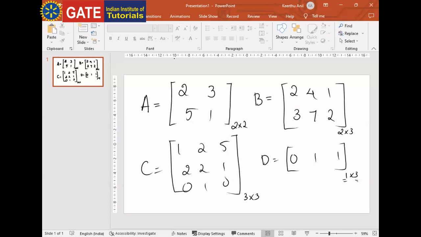After that, you can write the arrangement of numbers in the form of rows and columns can be called as a matrix.